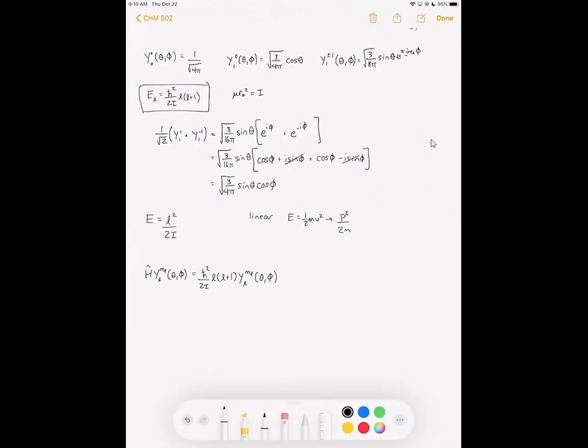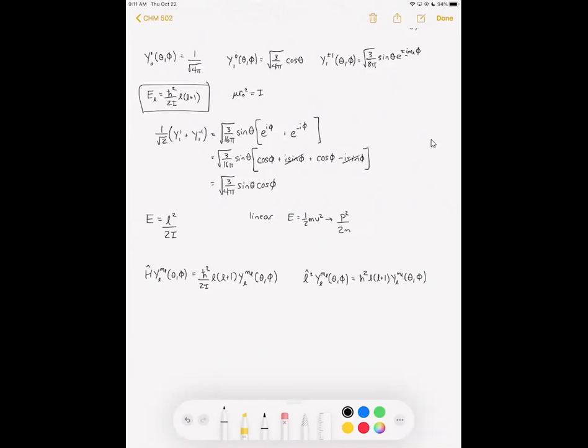So the only difference between this total energy operator and, say, an L squared operator is this over 2I. So that means that there's this L squared operator that when we operate on our spherical harmonic functions, they commute because they only differ by a constant, and we should get h bar squared L times L plus 1 times our function again.